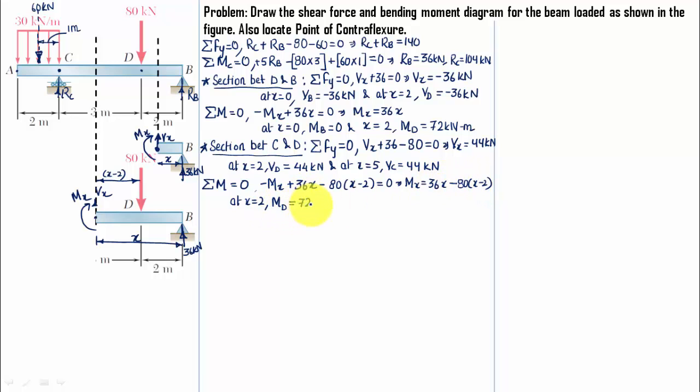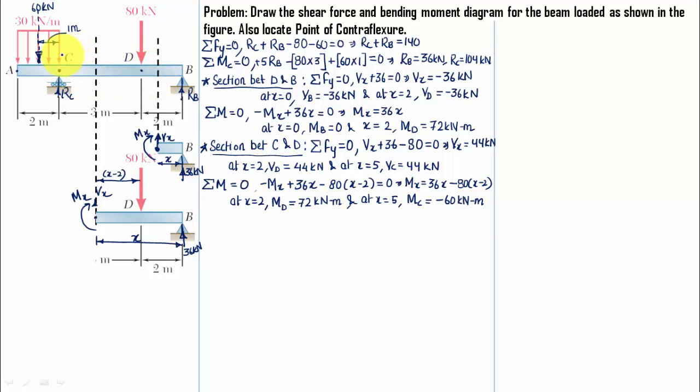Let me write this, 72 kNm, and at x equal to 5, we'll have the moment at C, whose value is equal to negative 60 kilonewton meter. So the bending moment values have been worked out between C and D.